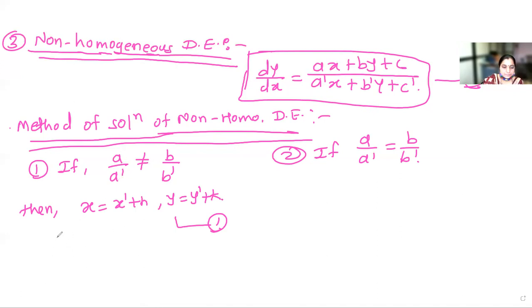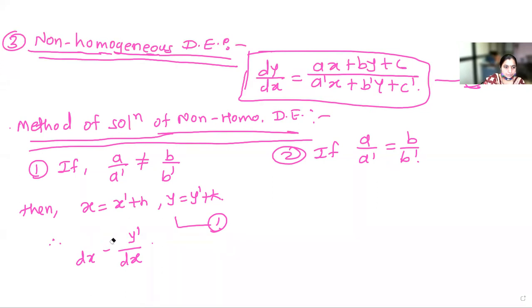So what is dy by dx here? Therefore dy by dx becomes dy dash by dx dash, since the derivative of a constant is 0. In this way we only differentiate.